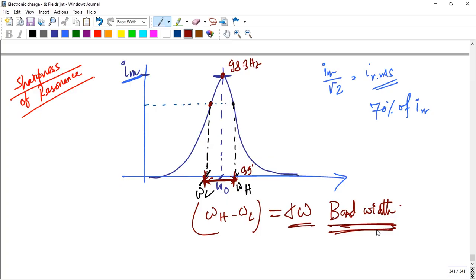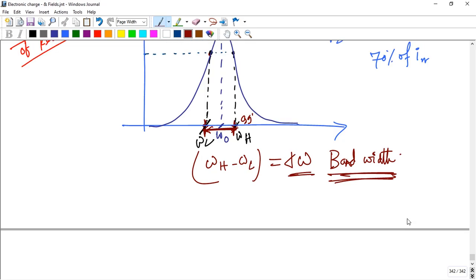Bandwidth is the gap between two frequencies. The range of two frequencies is called bandwidth, and it's very important in our home or office. You hear someone say broadband or narrow band. Broadband means the bandwidth is very large.